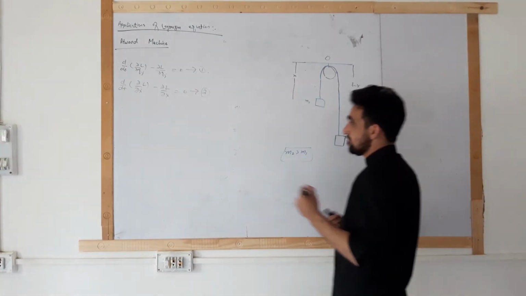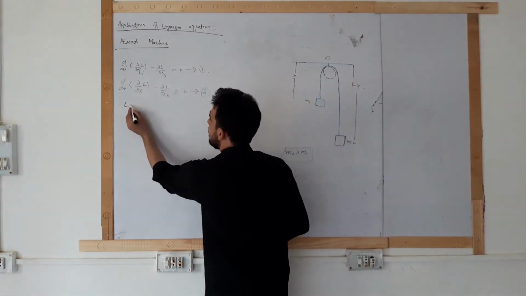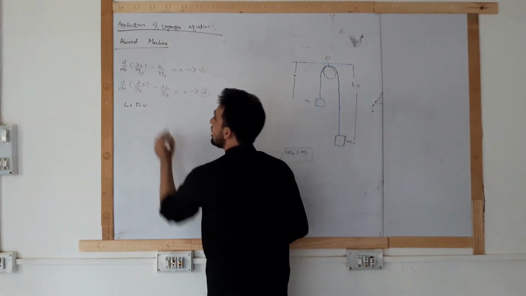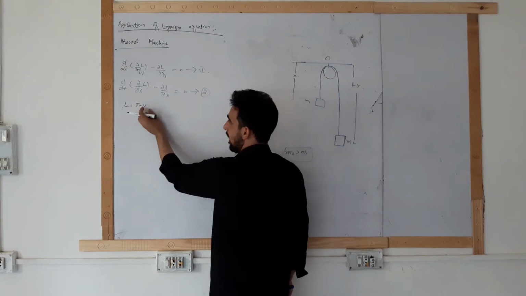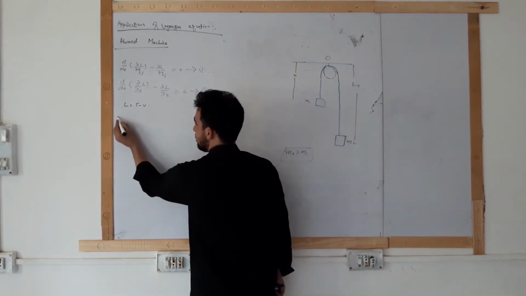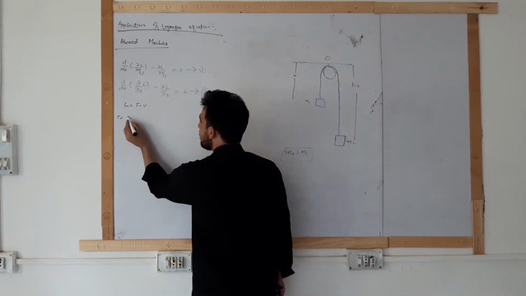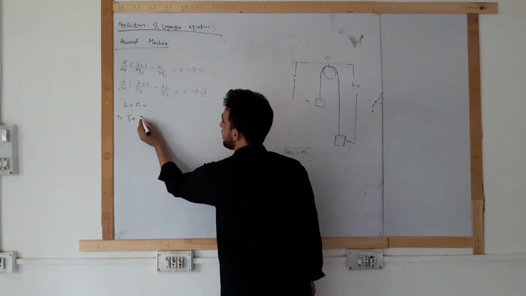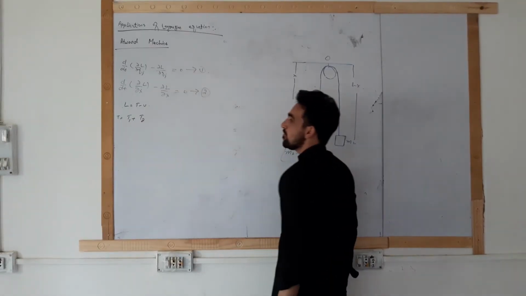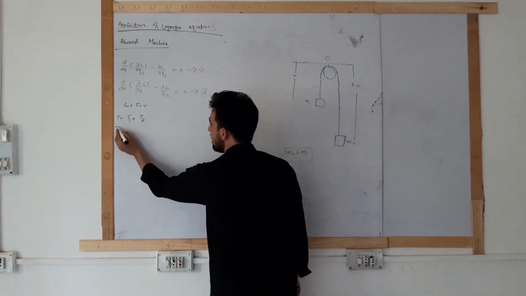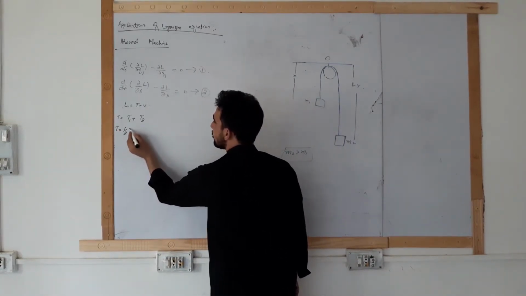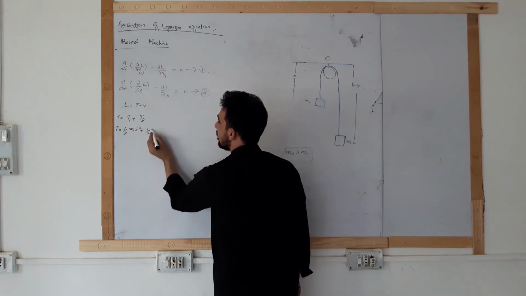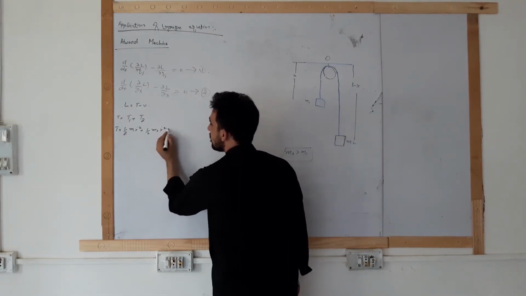We know that L is equal to T minus V. So we need T and V. T is the kinetic energy of mass M1, T1, and kinetic energy of mass M2, T2. So the total T is half M1 x dot square plus half M2 x dot square.